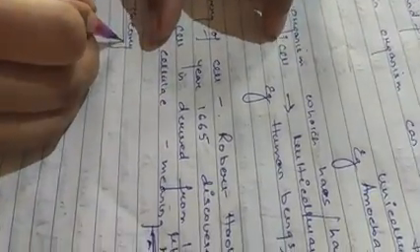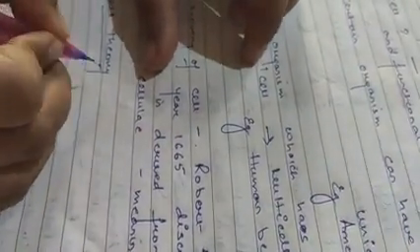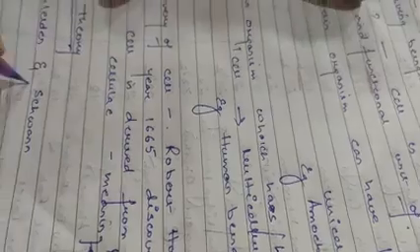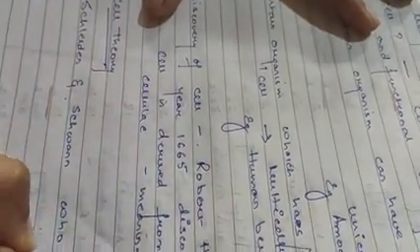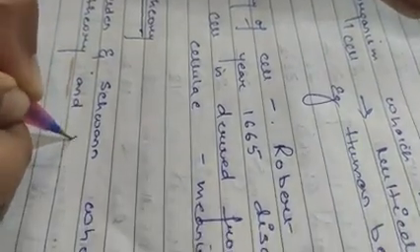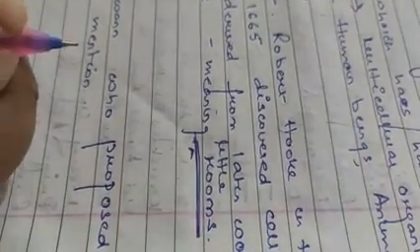Now, cell theory. Several scientists have said several things about cell, and this is known as cell theory. Only certain points are kept in the cell theory. Schleiden and Schwann are the two scientists who proposed the cell theory and mentioned certain points.